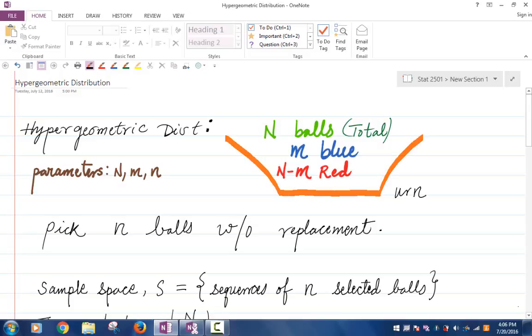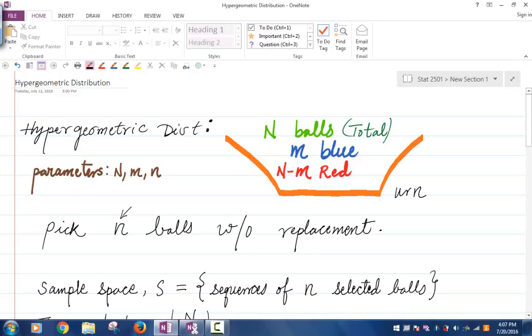Let's pick small n balls without replacement from the urn. Then the sample space S will be the set of sequences of n selected balls from the urn.